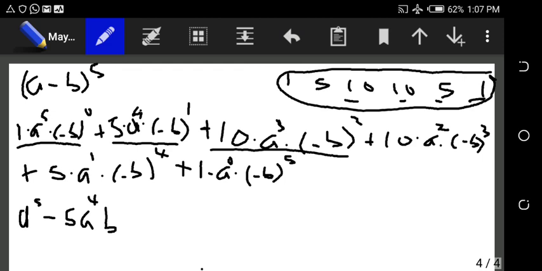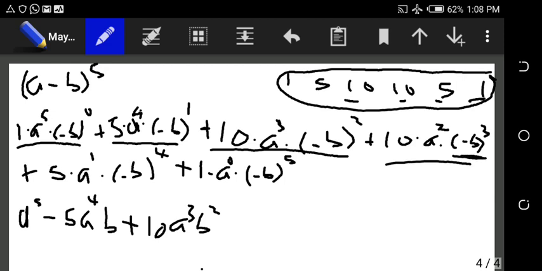Therefore, the next sign that we're going to have is a plus. Then simplifying, we have 10 times a raised by 3 times b raised by 2, and that will give us 10a raised by 3 b raised by 2. Alright, over to the next one.